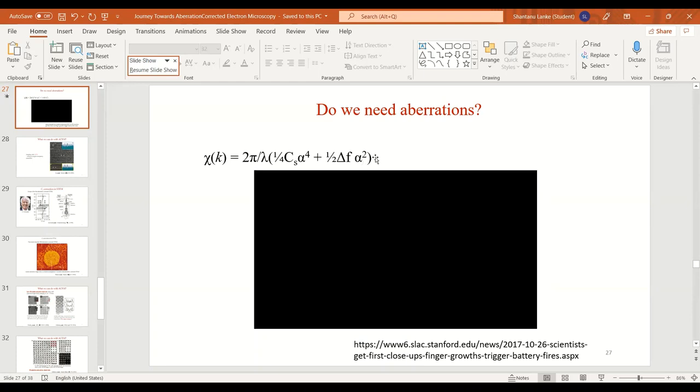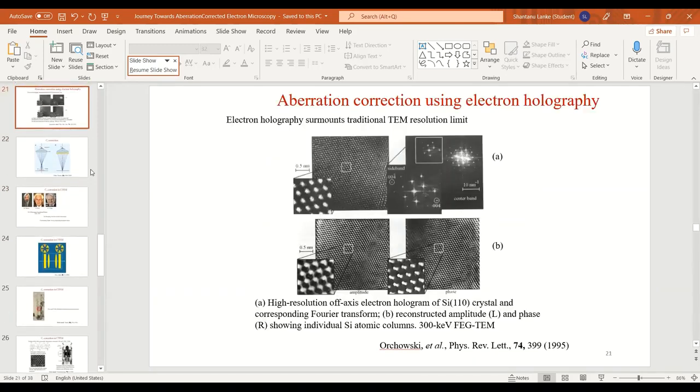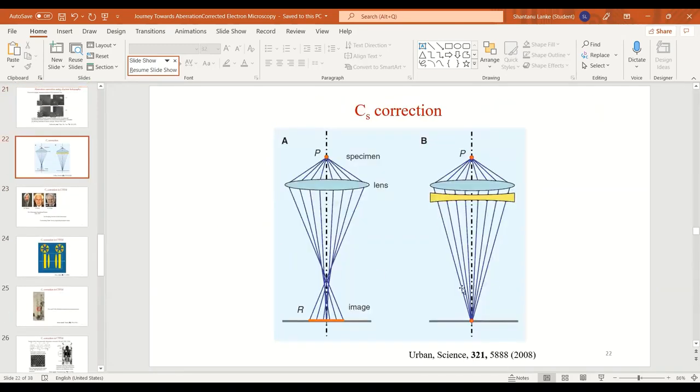If you are imaging at exact defocus, for example, here, if you're imaging with this condition, then you're not going to see any contrast. As I showed you in the small video, at the end you arrive at the exact focus and you just lose contrast.